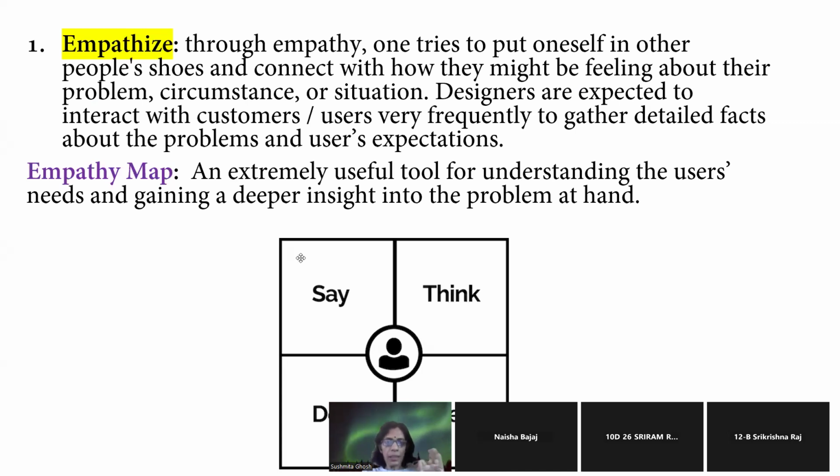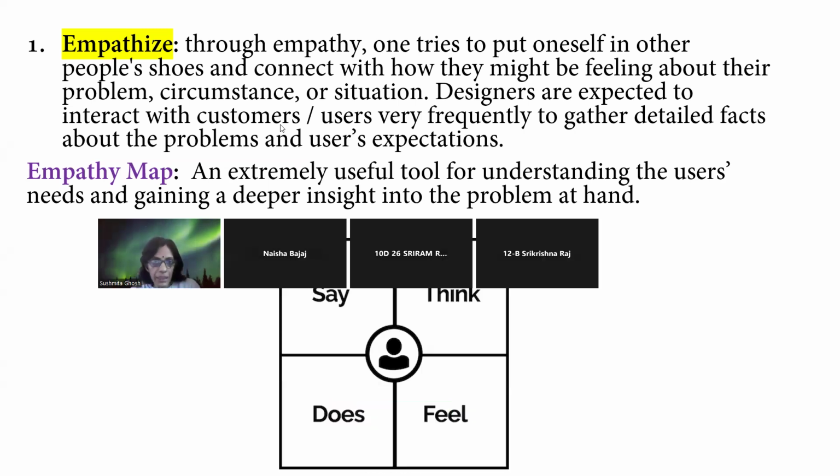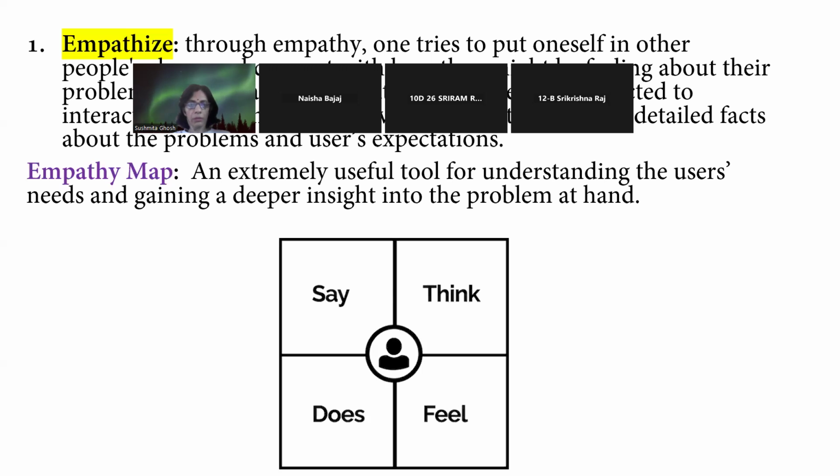Now talking about the first step, which is empathize. So empathize को मैंने क्या बोला आपको, that it is just trying to put yourself into the other's shoes and see the scenario from their eyes and being at an analyzed position. अब वो बंदा नहीं सोच पा रहा है उसके बारे में further. He will tell you only that I'm thinking this, I'm saying this, this is what is happening to me, this is what I'm feeling, and this is what I'm doing.